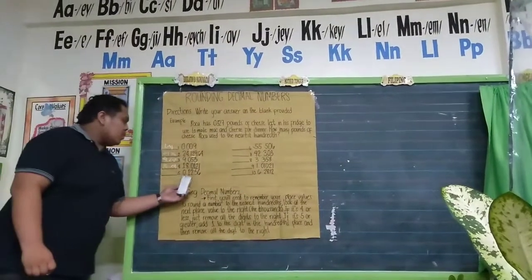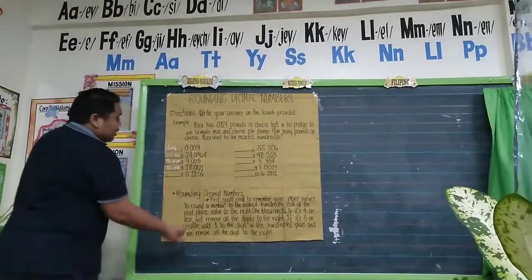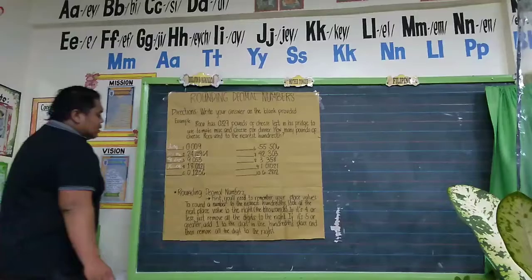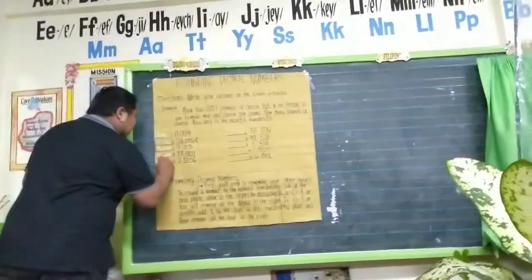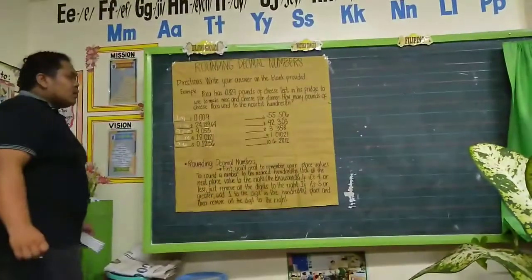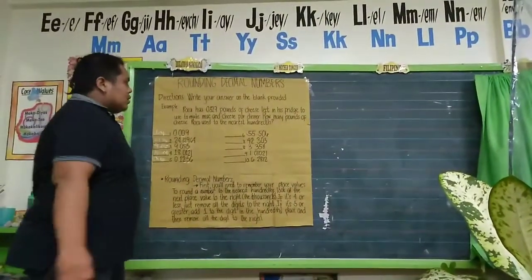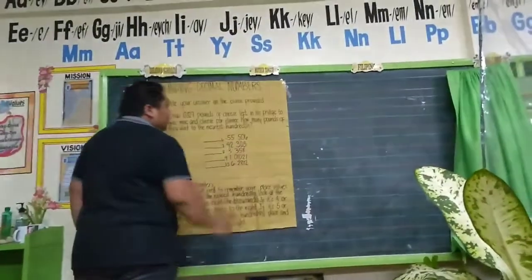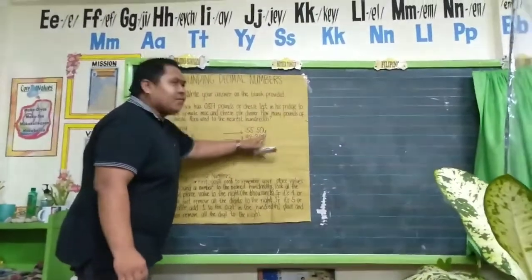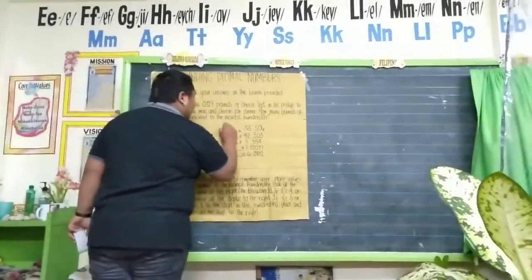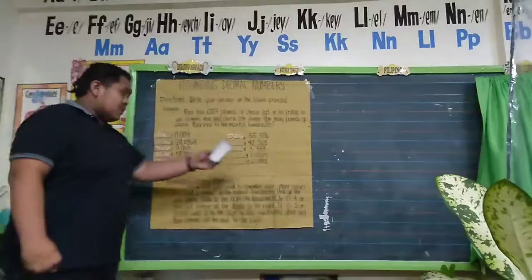Number 5, 0.1236. The hundredths digit is 2, and since 3 is less than 5, the answer would be 0.12. Number 6, 55.506. The hundredths digit is 0, and since 6 is greater than 5, the answer will be 55.51.